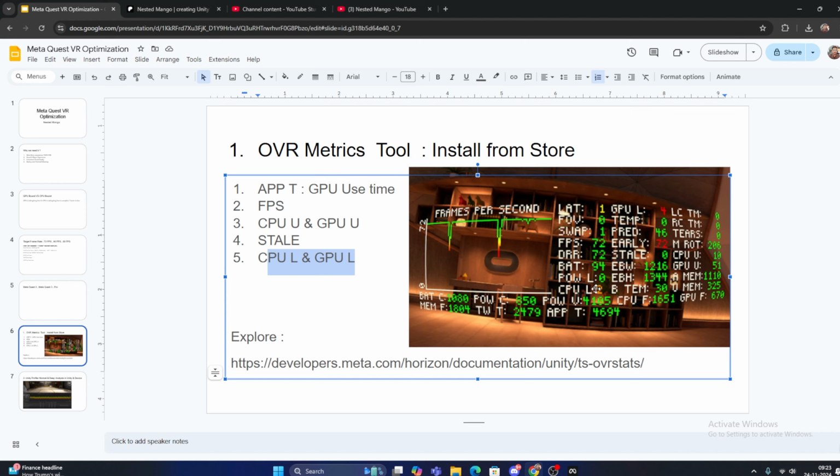But if it is hitting the maximum, you can change this value using code. That means you tell the CPU and GPU not to run at full potential, but to run at medium or lower.